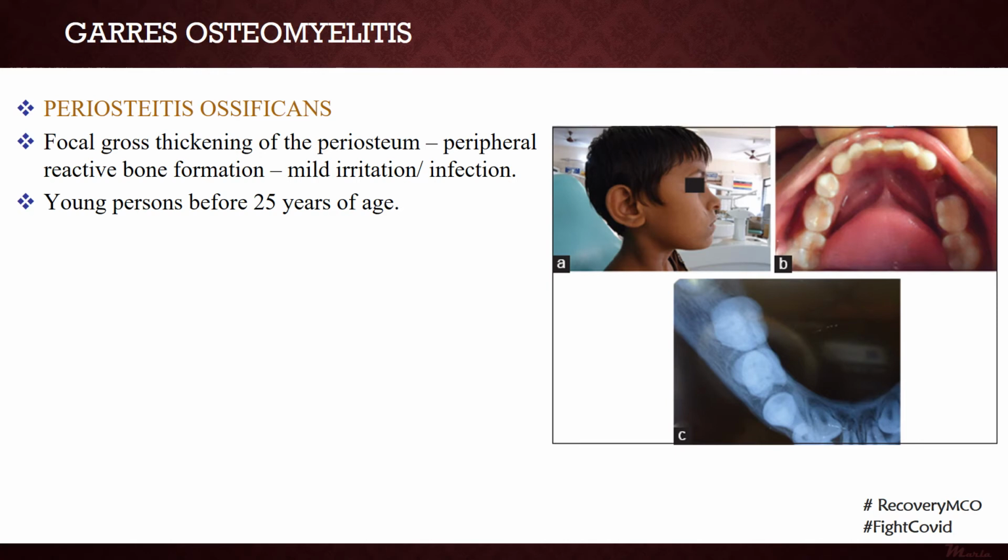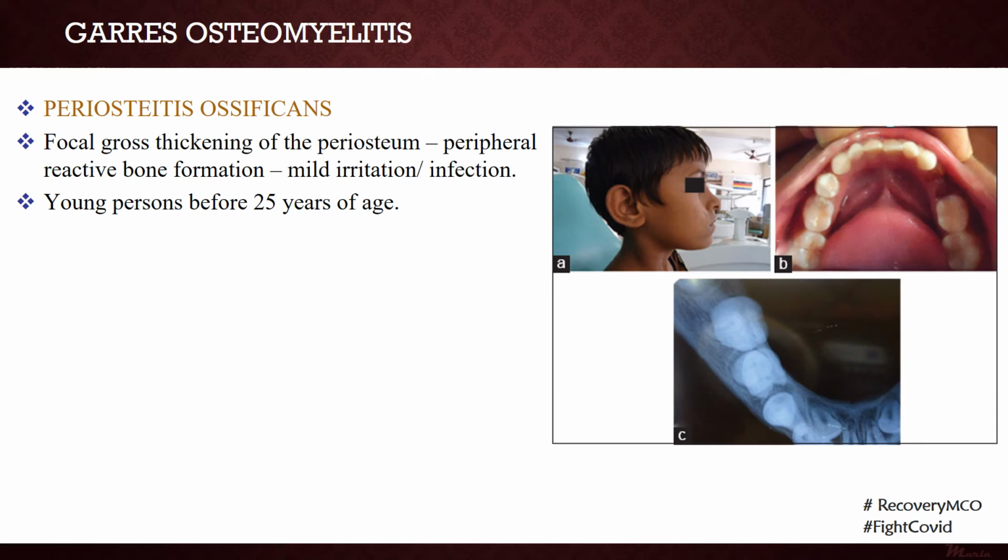Garre's osteomyelitis is an example of non-suppurative osteomyelitis. It is also referred to as periosteitis ossificans. This lesion involves focal gross thickening of the periosteum, which is secondarily a reactive bone formation in the periphery due to mild irritation and infection.